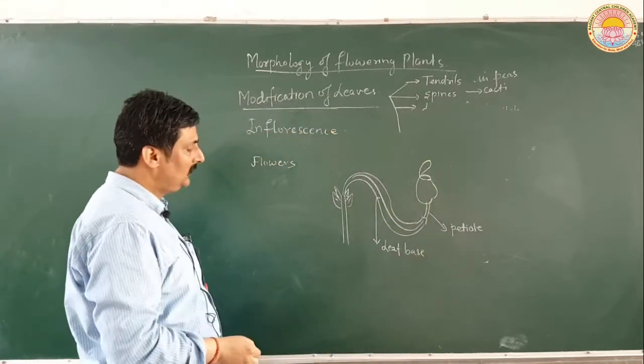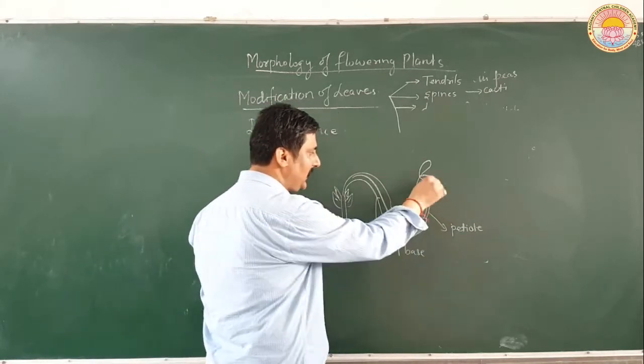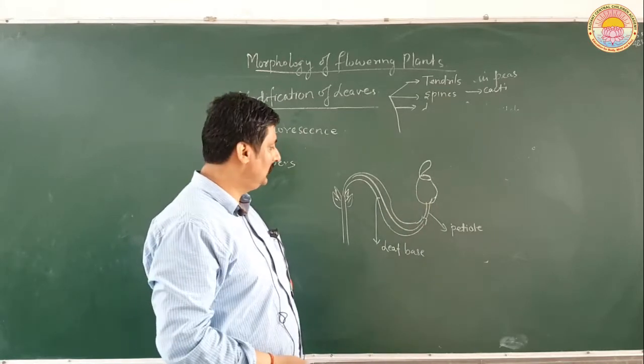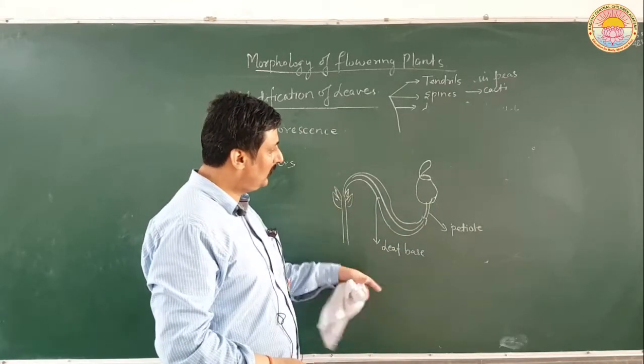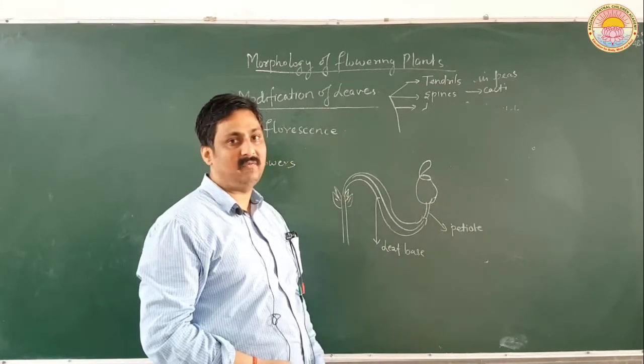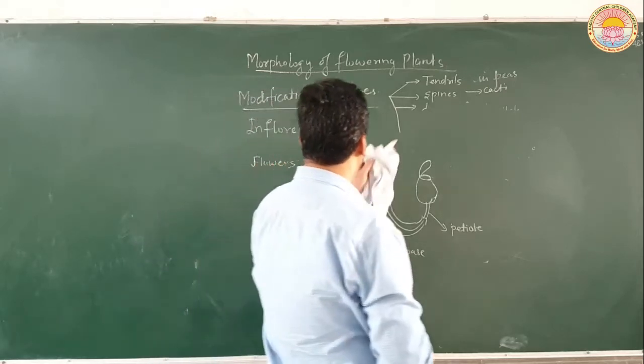You can see the main lamina has been modified into a structure like this, leaf blade or lamina. So here the leaf base and petiole have been modified. So these are all examples of modifications of leaf.